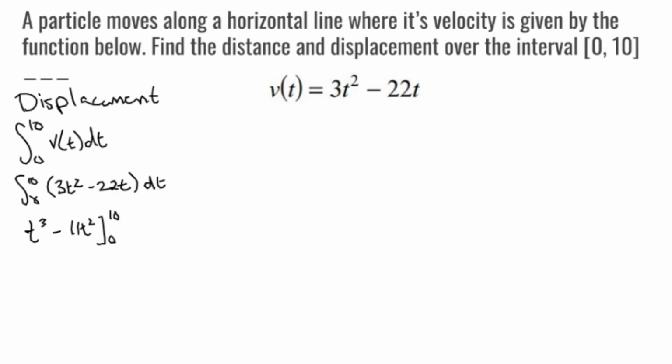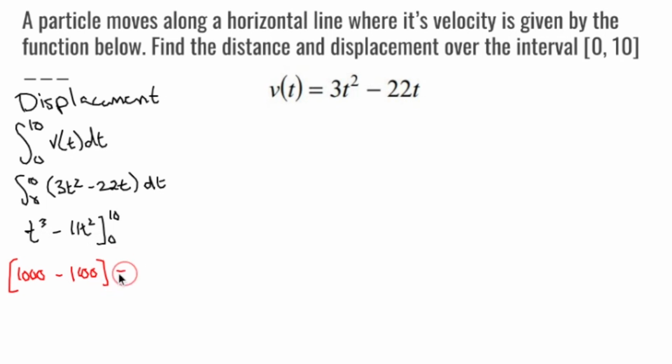Fundamental theorem of calculus says that we write this out, plug in 10, so we have 10 cubed, which is 1,000, and 11 times 100, which is 1,100, minus, notice I didn't write it out, plug in 0 cubed, get nothing. Plug in 0 squared, get nothing.